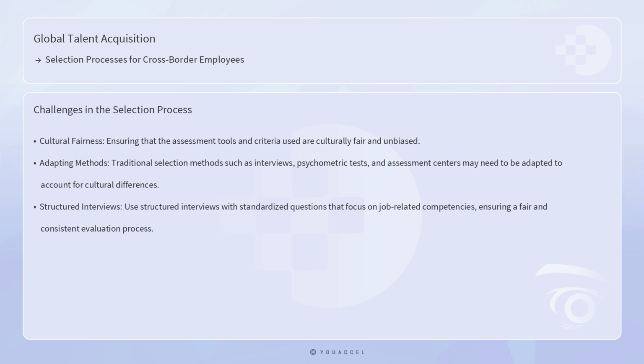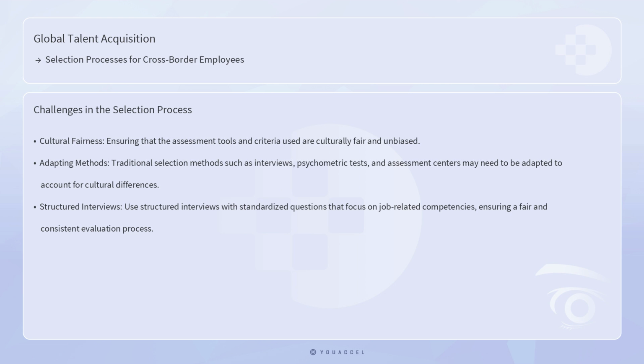One of the key challenges in the selection process is ensuring that the assessment tools and criteria used are culturally fair and unbiased. Traditional selection methods, such as interviews, psychometric tests, and assessment centers, may need to be adapted to account for cultural differences. For instance, an interview question that is open-ended and relies on self-promotion may be more challenging for candidates from cultures that value humility and collectivism.